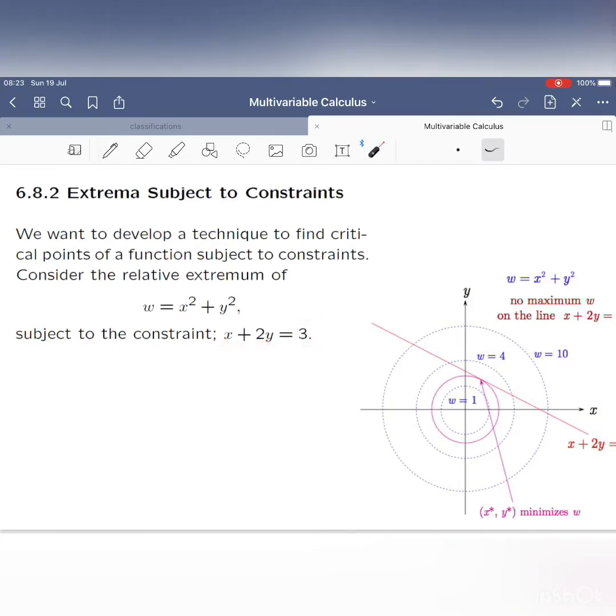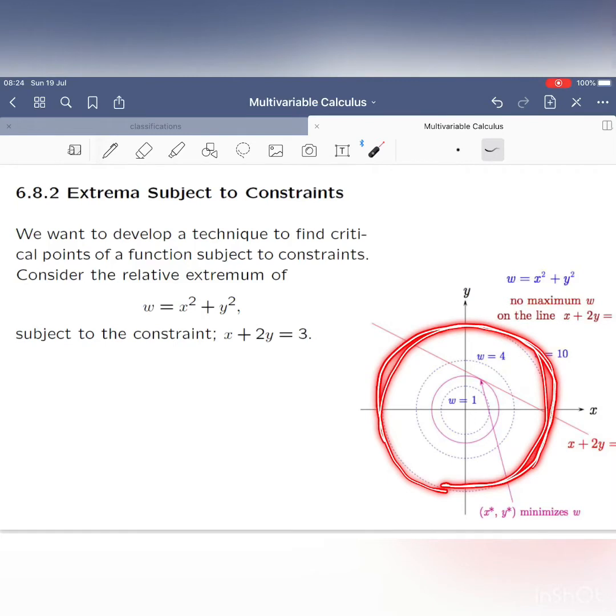As you may notice, the relation x squared plus y squared equals one particular number is an equation of a circle, right? For example, if w is 10, you may have this big circle.